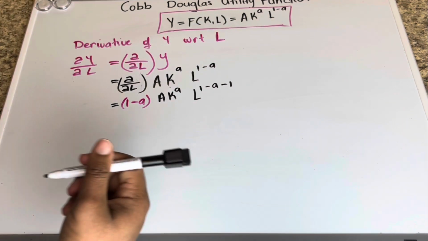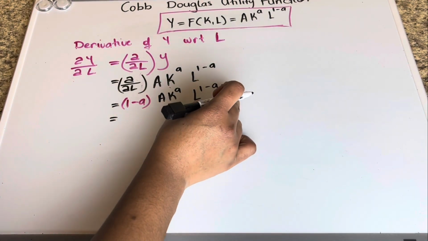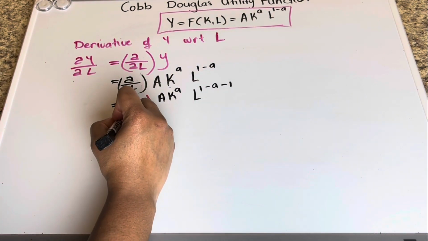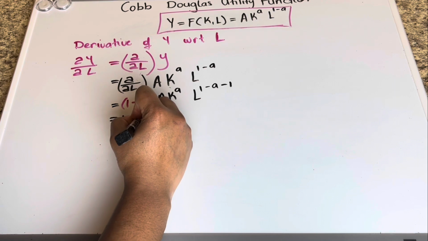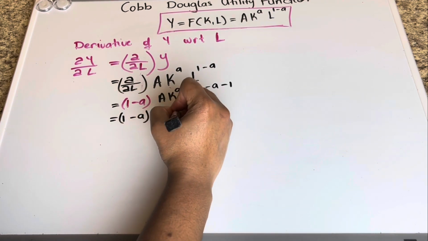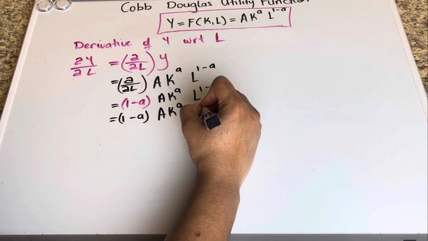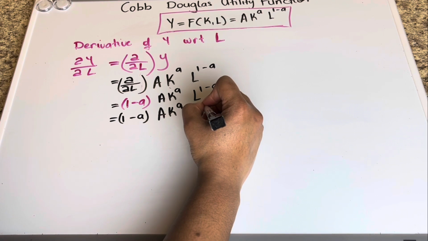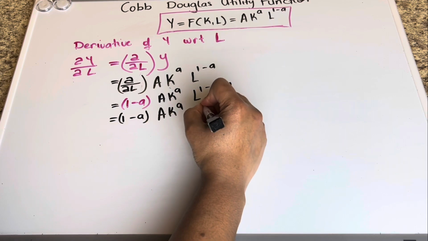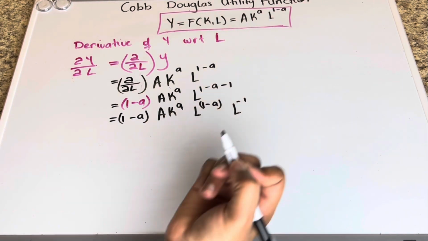From here, we can separate this portion like we did before. We're going to have 1 minus alpha, rewrite this as a constant, and then labor raised to the power of 1 minus alpha, and then labor also raised to the power of minus 1.